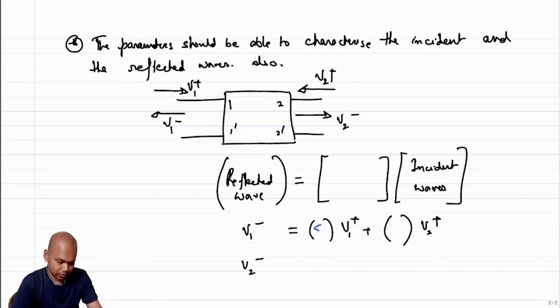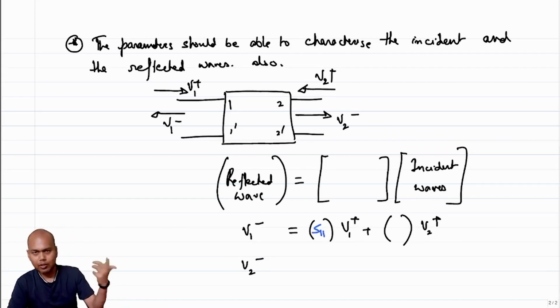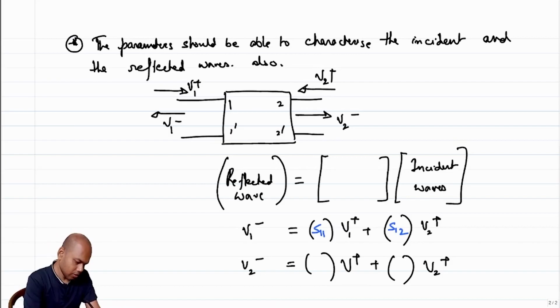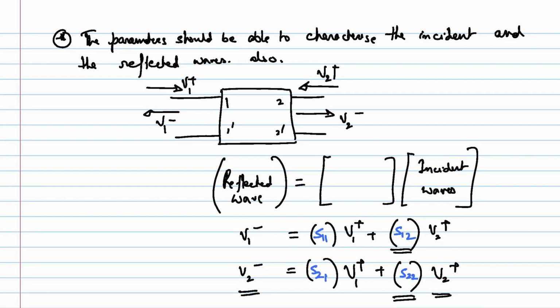Whatever is prefixed to V1 plus, we'll call this S11, just like we called Z11, Y11. Whatever is prefixed in front of V2 plus, this will be S12. Similarly, here we are going to get S21, and here S22.